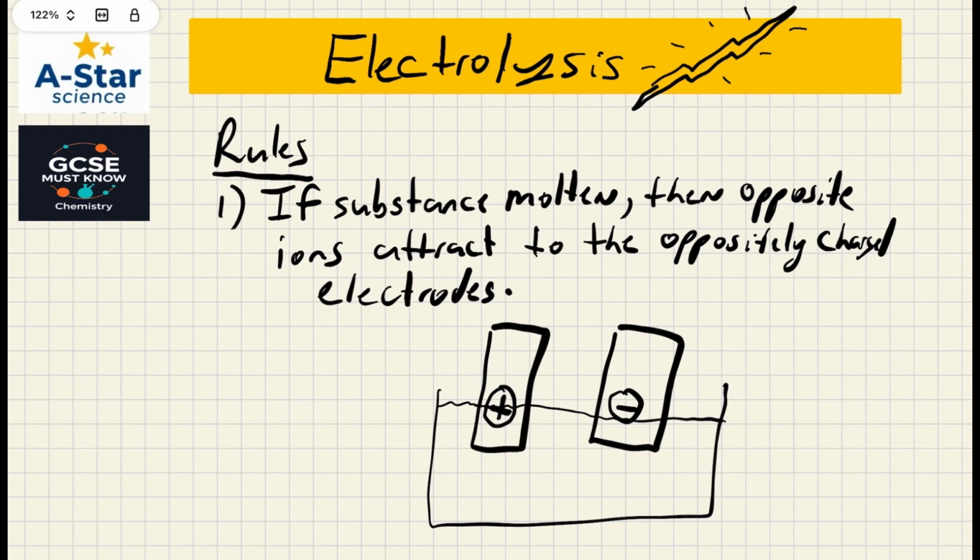Let's say we had sodium chloride. I'm only going to have two ions in there. I'm going to have the positive sodium, which is +1, and the negative chlorine. And that's quite obvious of where that's going to go. The chlorine is going to go here, and the sodium is going to go there. Very obviously, they go to the oppositely charged electrodes.